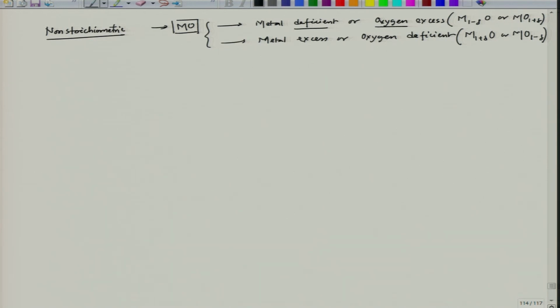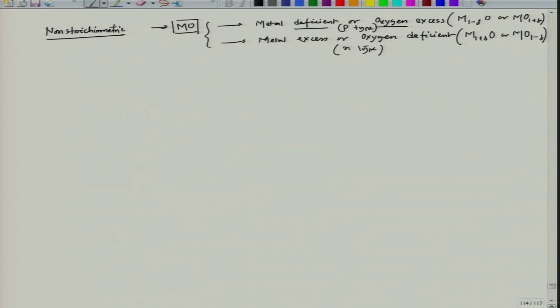We call it positive hole, and that time it is called P type semiconductor. And when it is metal excess or oxygen deficient, that time the charge will be carried by electron, and that time it is called N type semiconductor.